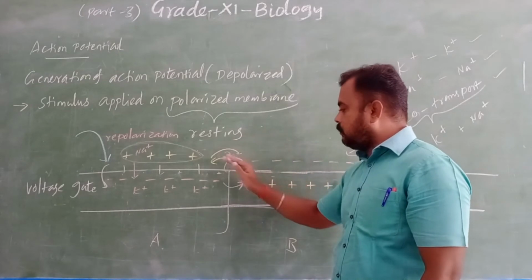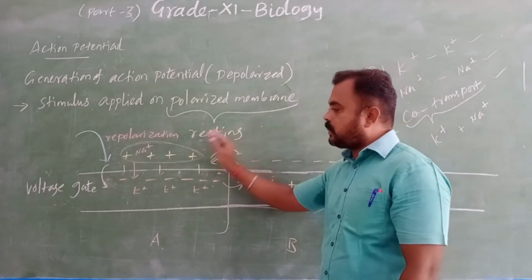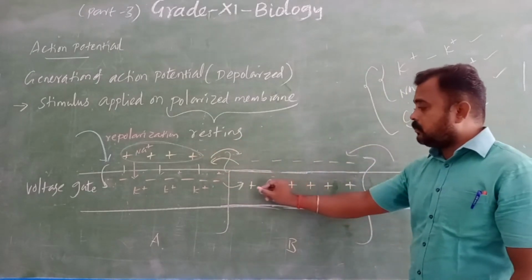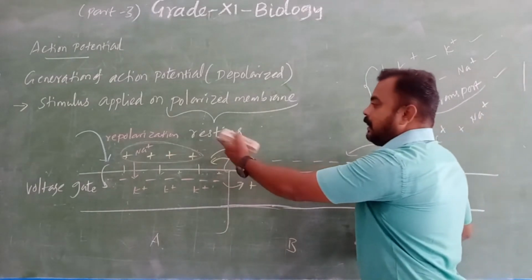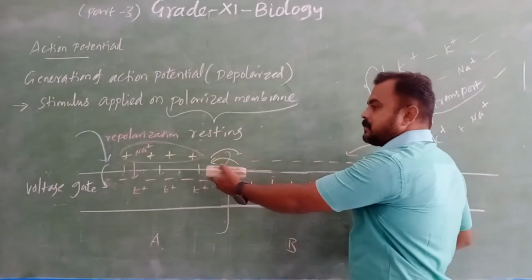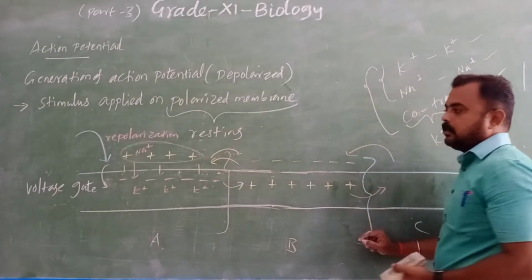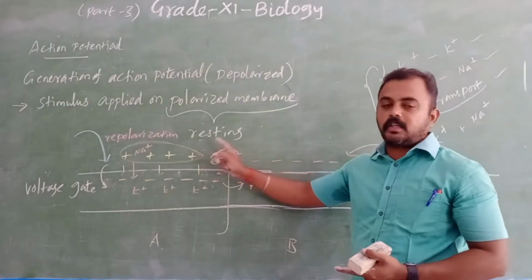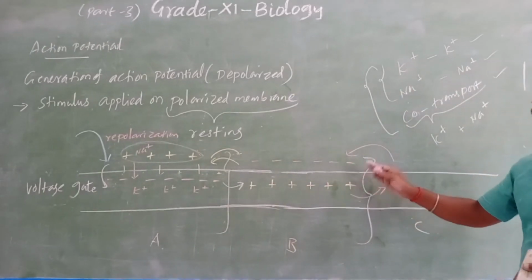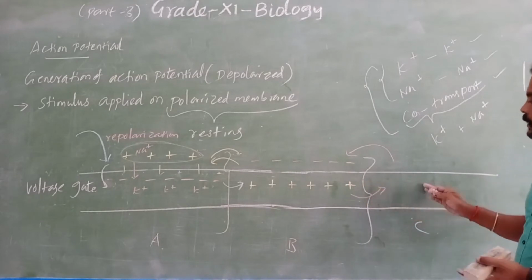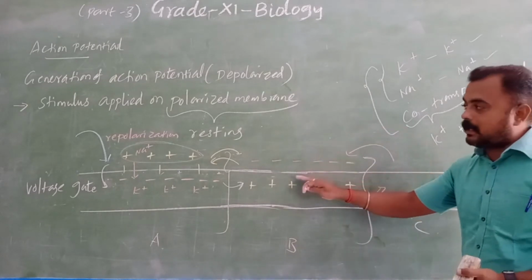This negative and positive moved here. So next it is depolarized. This area gets repolarization. Again it comes to the resting stage. In the resting stage, you know, outside is what? Negativity, inside positivity. Then here depolarization, then here depolarization, here repolarization.